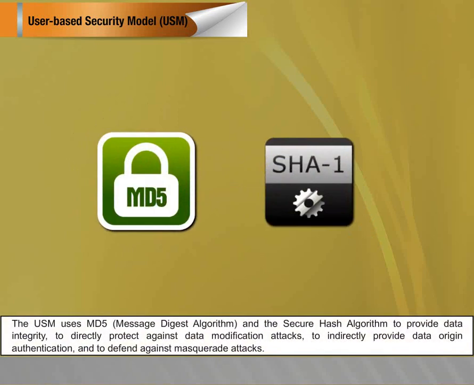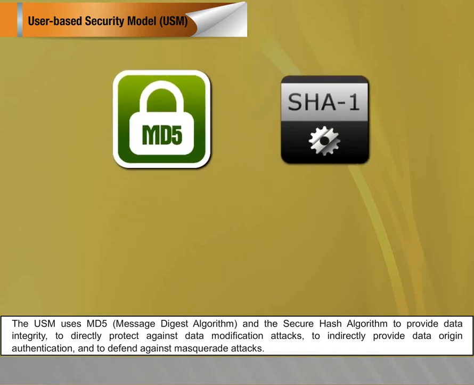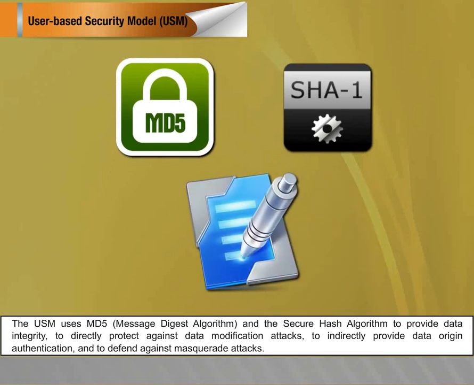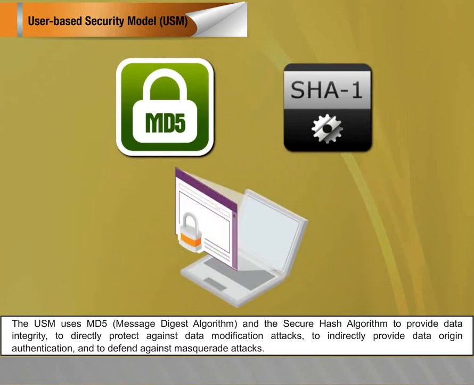The USM uses MD5, that is message digest algorithm, and the secure hash algorithm to provide data integrity, to directly protect against data modification attacks, to indirectly provide data origin authentication, and to defend against masquerade attacks.